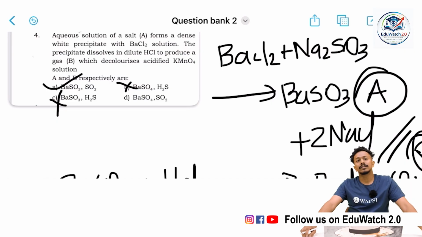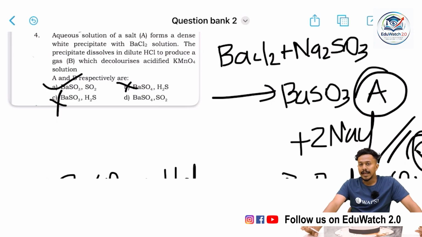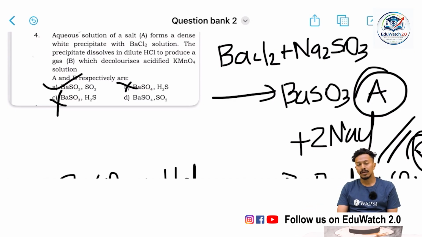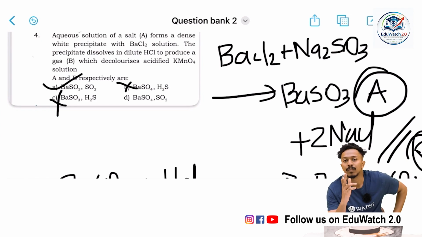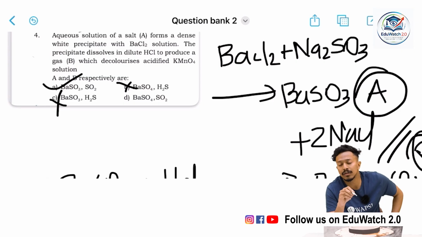What I did here is I tried to rule out the possibilities of any other two options so that we could go back to the main options. I removed the non-reducing gases that are formed in the second part of this question. The only reducing gas that can be formed through this reaction is sulfur dioxide.